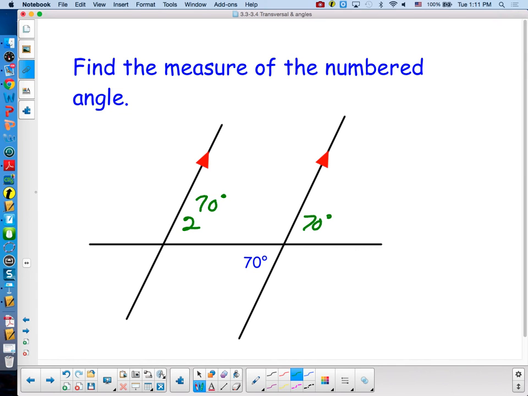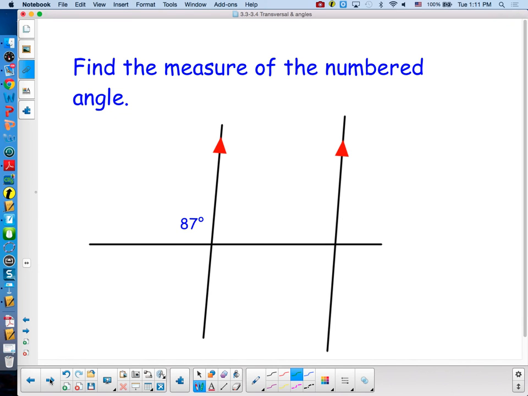And then how do you get from there to angle 2? Well, they are on the same side of the transversal, but they're not both interior. Corresponding, right. So he could do that. He could have just gone from the original 70 to get this one by, where are they? Alternate interior, correct.